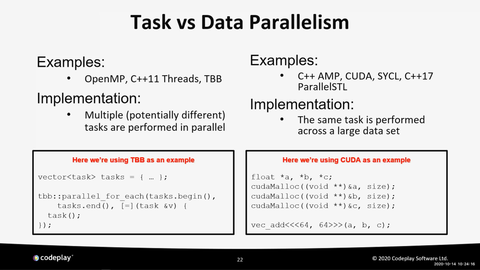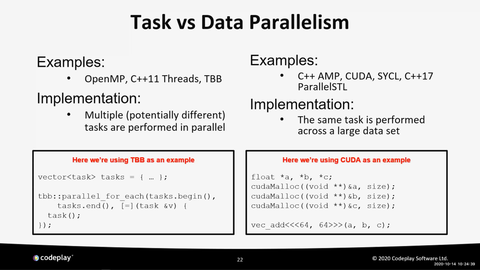Now, there's also task-based versus data parallelism. And honestly, this is not so much about one language having one and the other not having it. Most languages have some forms of both. So OpenMP, threads, and TBB have the capability, for example, to support task-based, where you can have multiple tasks performed in parallel.